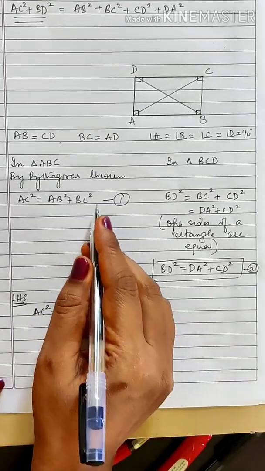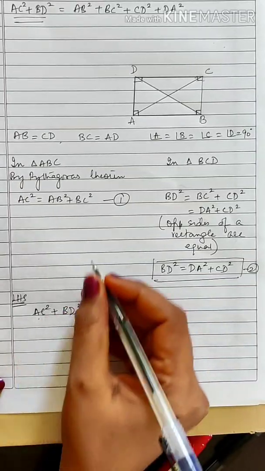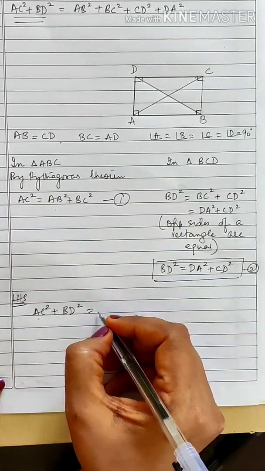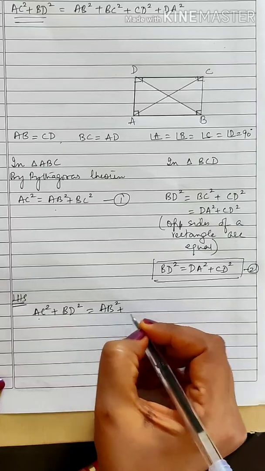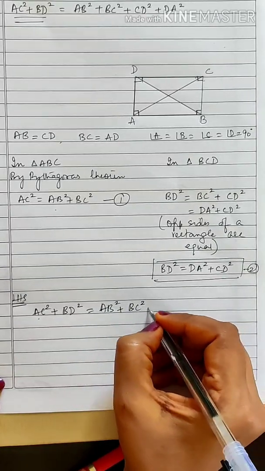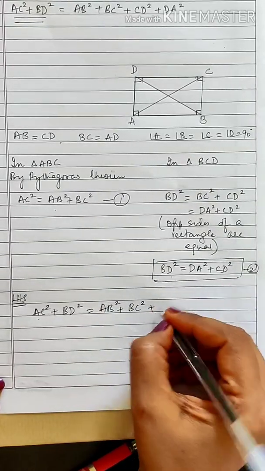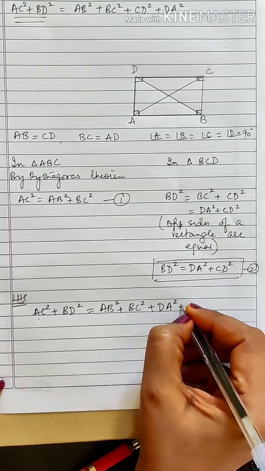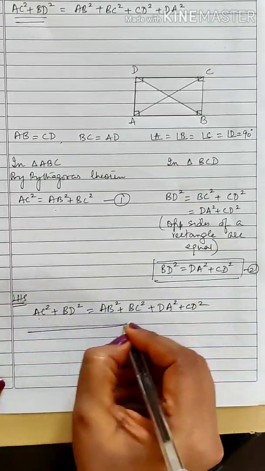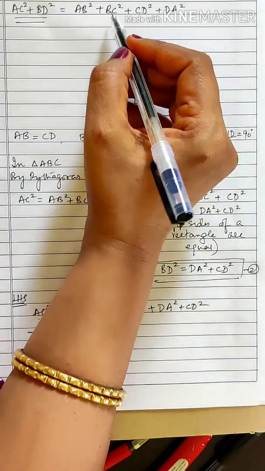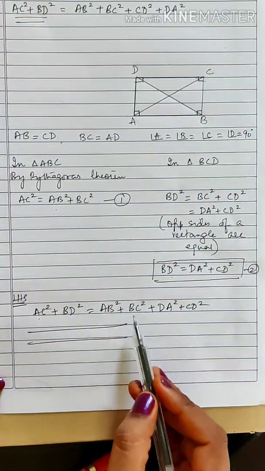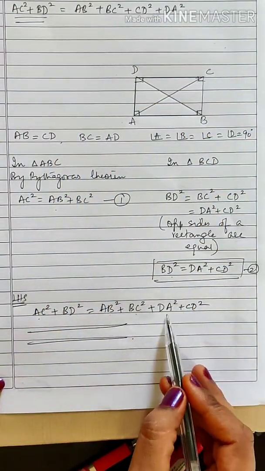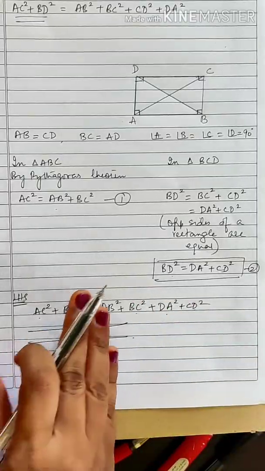So adding equation 1 and 2, in place of AC square you will substitute AB square plus BC square. In place of BD square you will substitute DA square plus CD square. Hence proved. This is what you wanted to prove: AB square plus BC square plus CD square plus DA square.